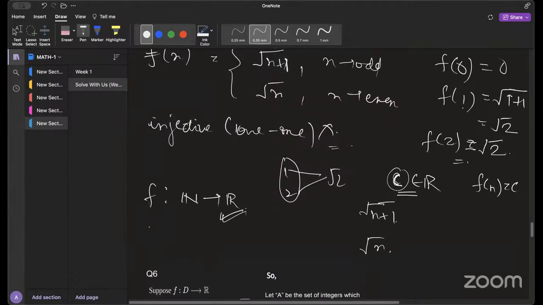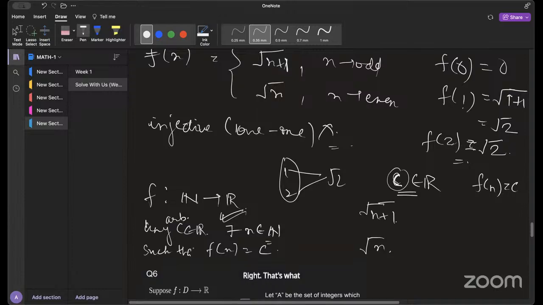So for onto, for any arbitrary C belonging to R, there would exist a natural number n such that Fn will be equal to C. Right?